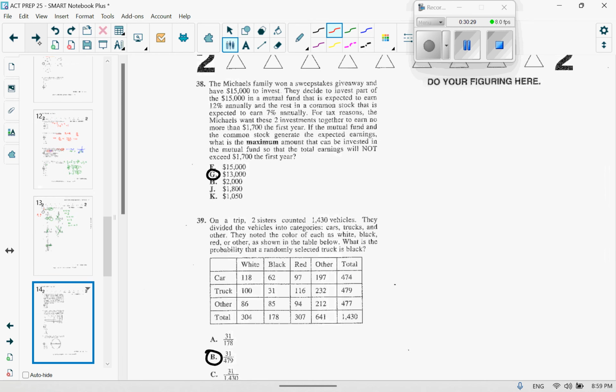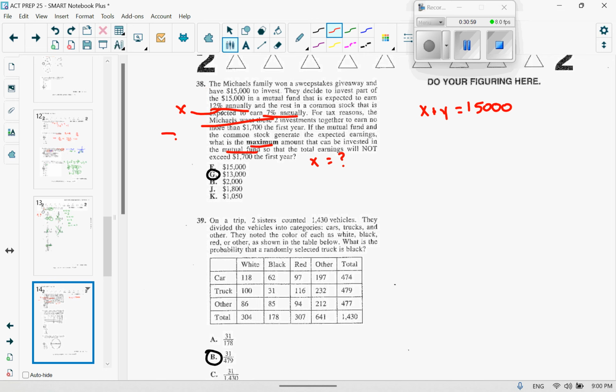Okay. So, one of them's going to earn 12%, the other one's going to earn 7%. For the sake of argument, I'm going to say that the 12% I'm going to call X, and the 7% I'm going to call Y. It asks about the maximum invested in the mutual fund, which is the 12%, so it's asking me to solve for X. So, I know that X plus Y equals 15,000, because that's the total.